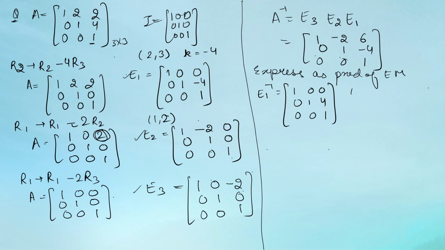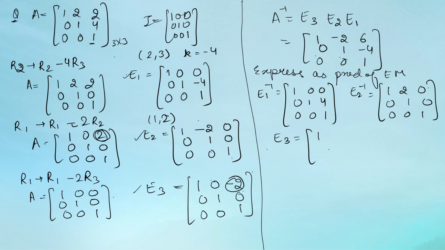Next, E2 inverse. At 1, 2, 0 was replaced by -2. Now, to make it 0, we'll add plus 2. Control Z of this -2 will be plus 2 to get your identity back. In matrices, your identity needs to be with you.